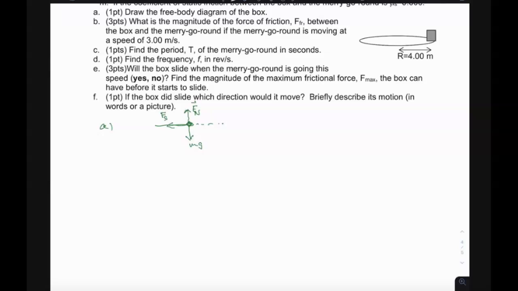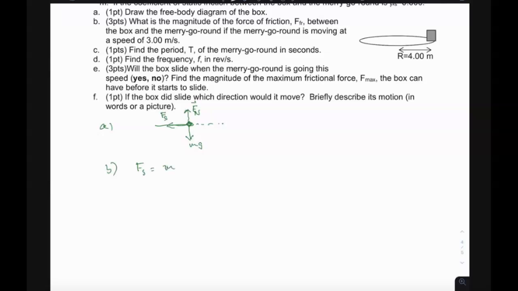F sub S of friction, which I called F sub S in my diagram. What is that magnitude between the box and the merry-go-round if the merry-go-round is moving at a speed of 3 meters per second? Well, the friction force is, as I said, the centripetal force acting on the object.